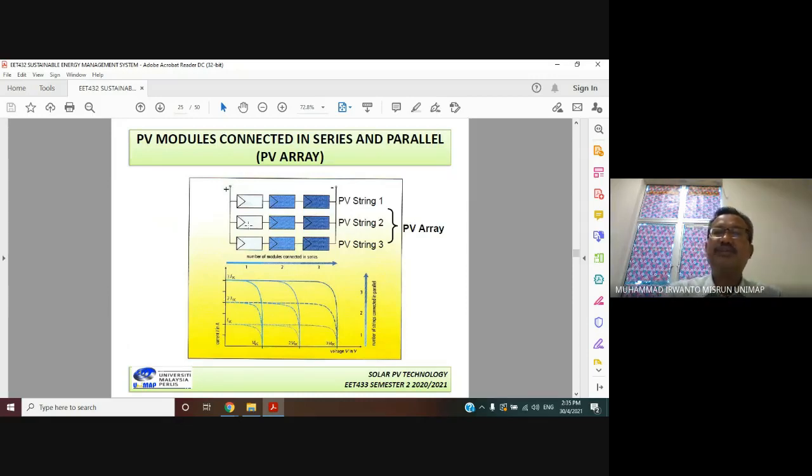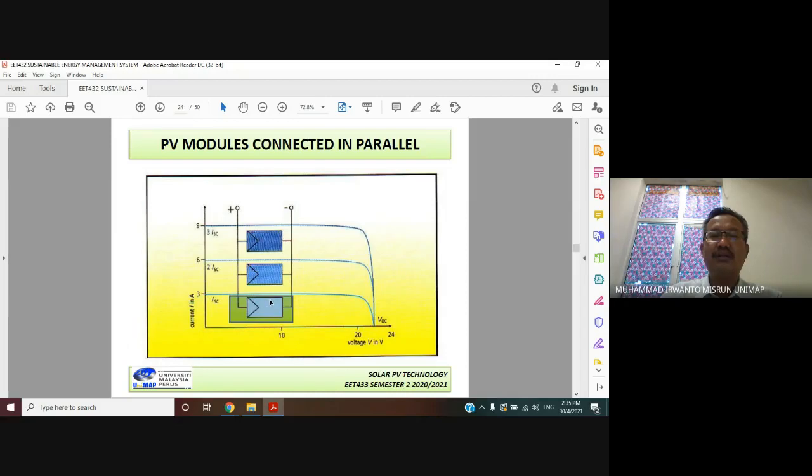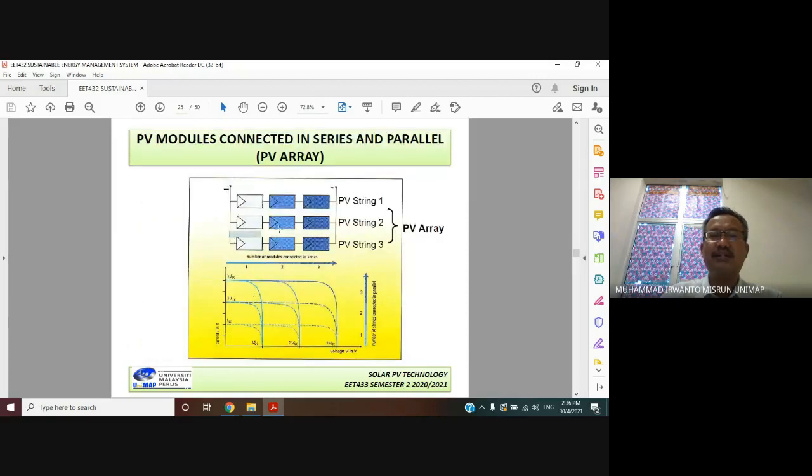Okay. If some PV modules are connected together in series and after that connected together in parallel, this one we can call a 3 by 3 module array connection.